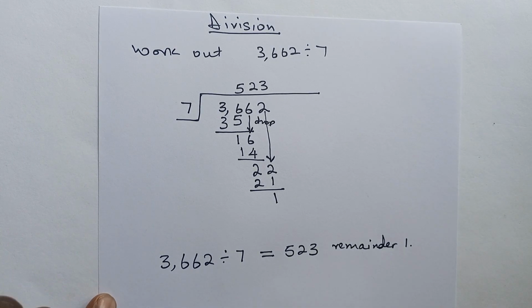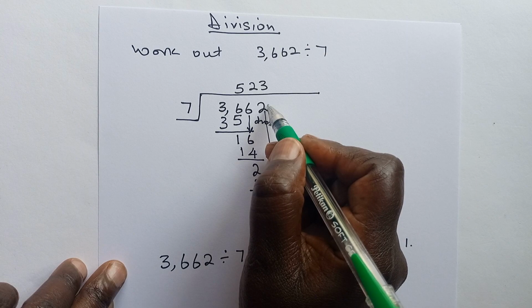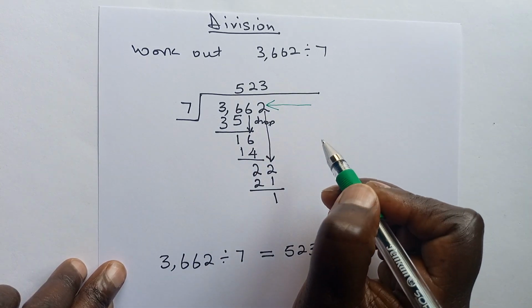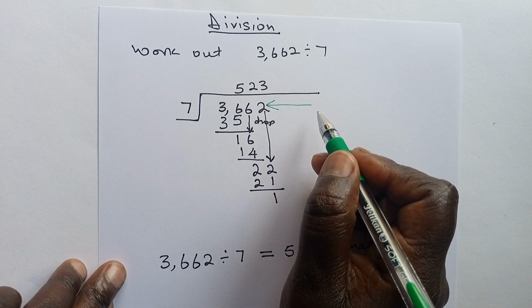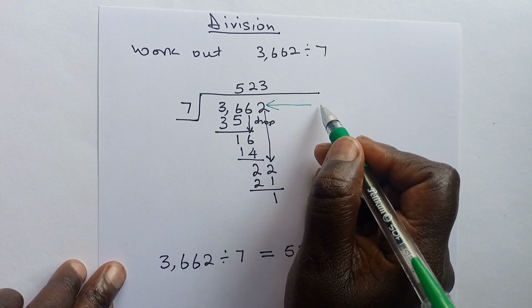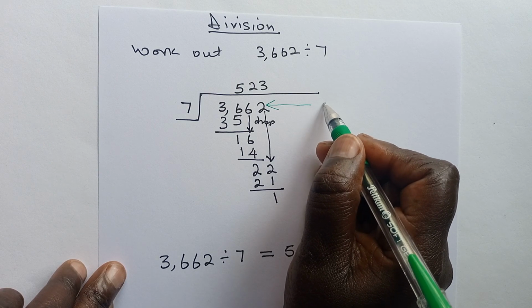Now, there are important things that I would want you to note in our process. We have 3 very important numbers. The number that we are dividing into, 3662, is the dividend.